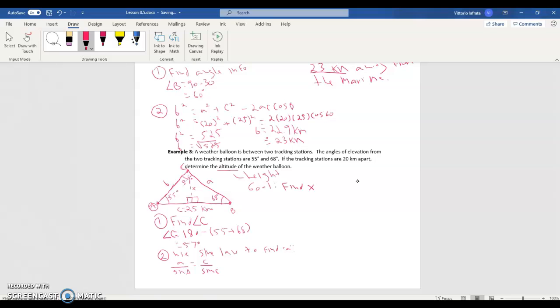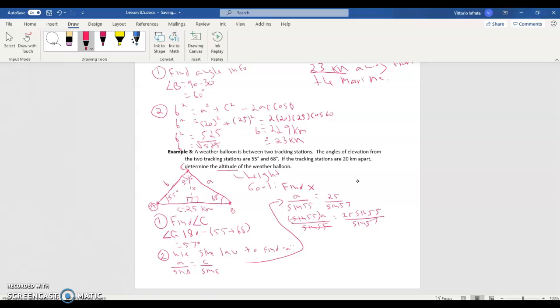So we can go ahead and solve that. So I'm just going to do that over here. So we don't know A, we're trying to find that, but we know sine of A is sine 55 is equal to C is 25 over sine of 57. We multiply both sides by sine 55. In other words, we're sending sine 55 to the other side. And that's going to be equal to 25 sine 55 over sine 57.